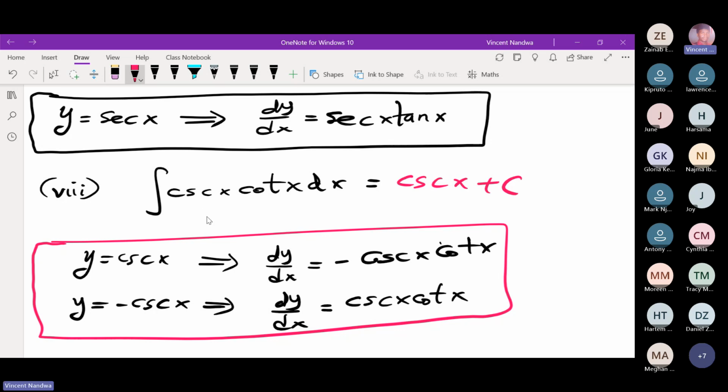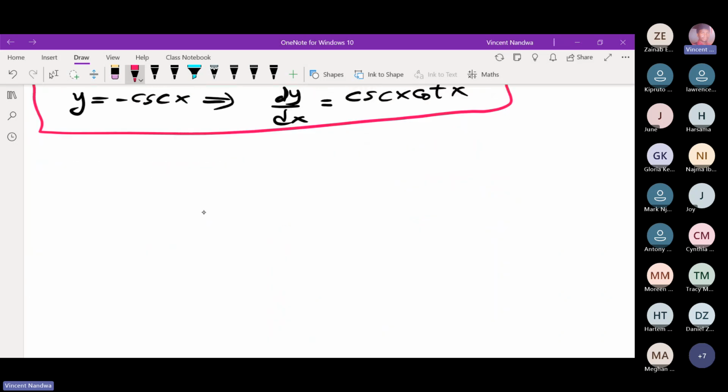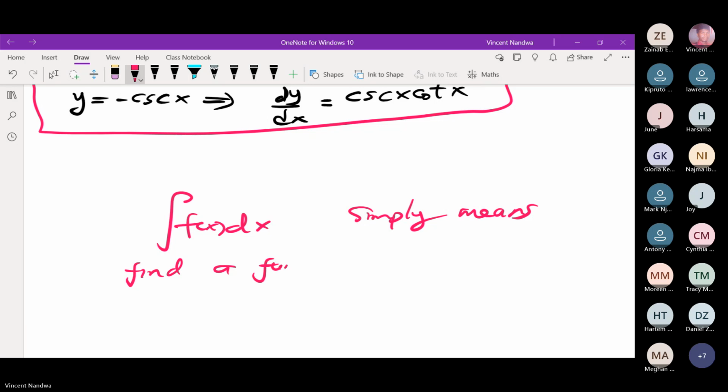So you can continue enriching your toolbox by just remembering the relationship between the y function and dy/dx. And the problem of evaluating the integral of f of x dx simply means find a function whose dy/dx is given by this f of x.